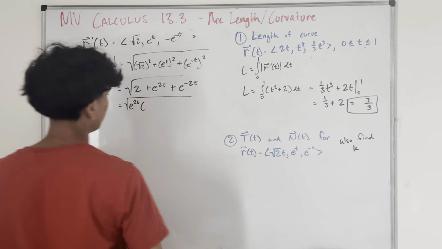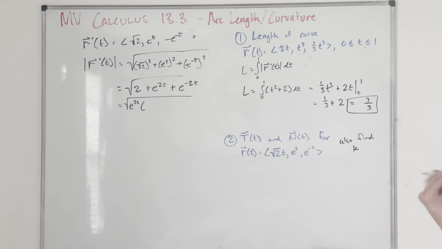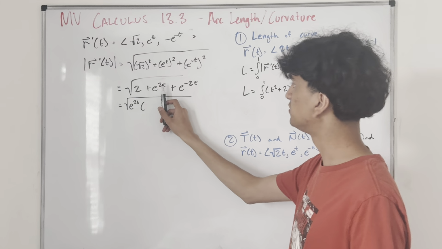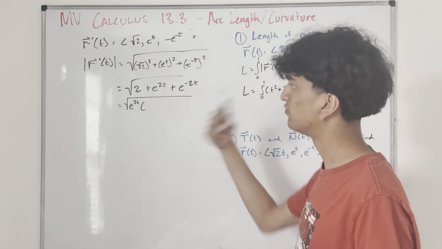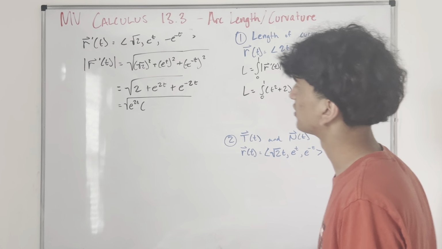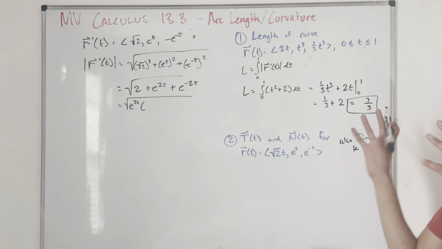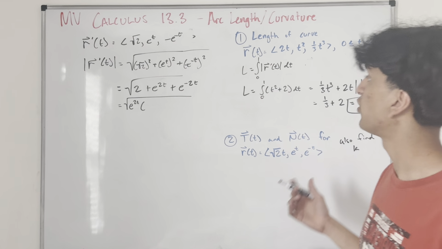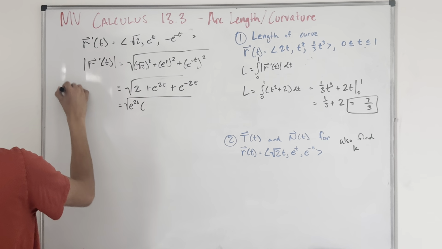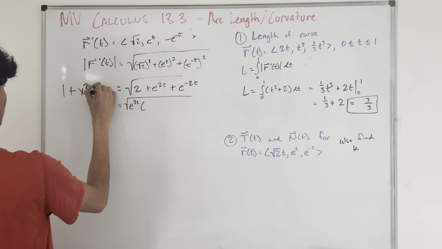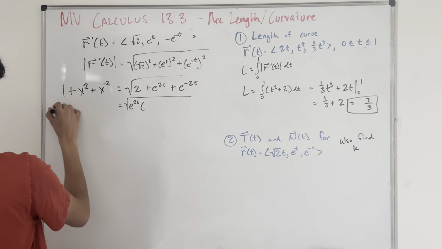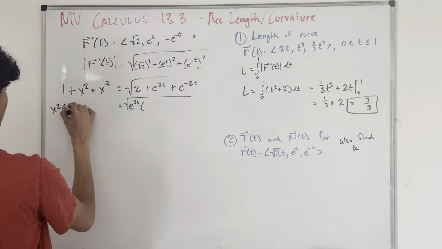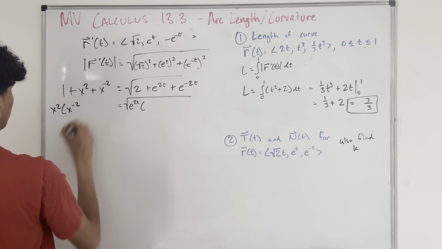Honestly, this is not a very intuitive thing to think of. But because I have a 2t term and a negative 2t term and no e to the 2t term there, you can manipulate this, right? In the same way that if you had 1 plus x squared plus x to the negative 2, you can factor out an x squared and get x to the negative 2, right?